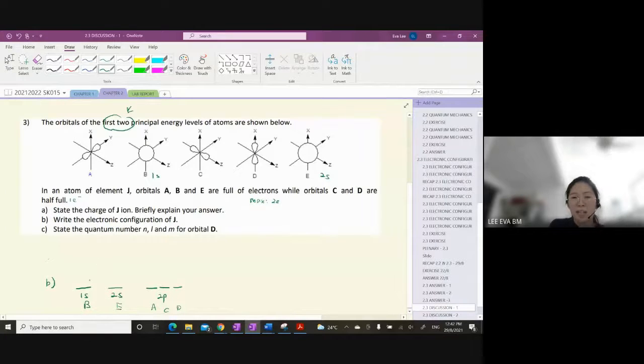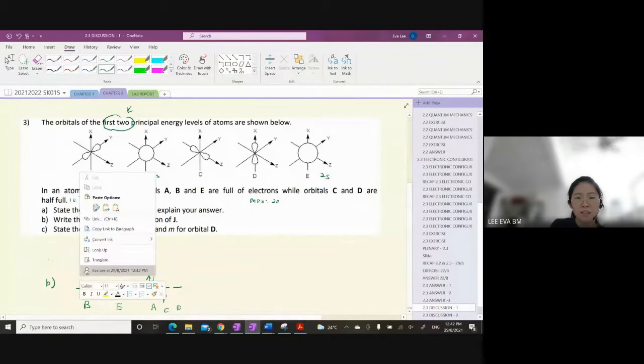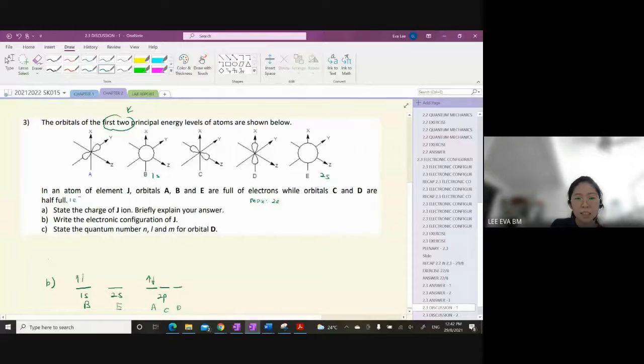Okay, so let's fill in according to the sentence given over here. Orbitals A, B, E are full of electron. So A ada 2 electron. Okay, B ada 2 electron. And then for E also has 2 electron because it's maximum, full of electron.